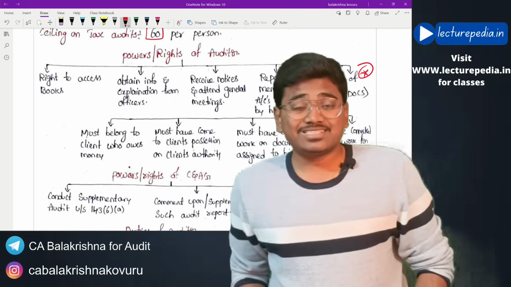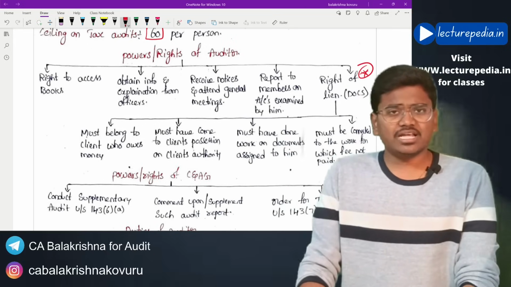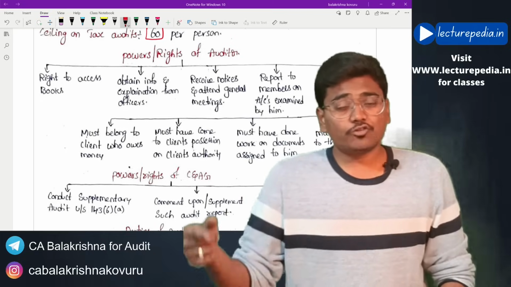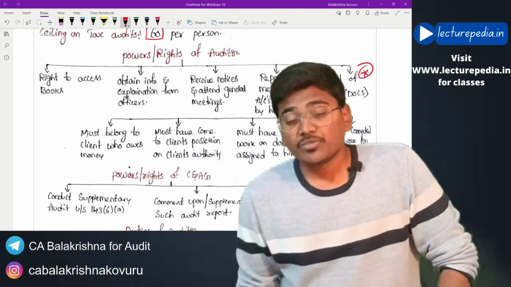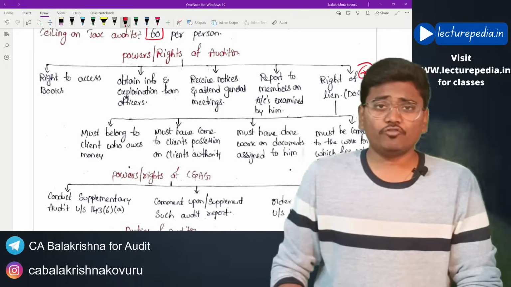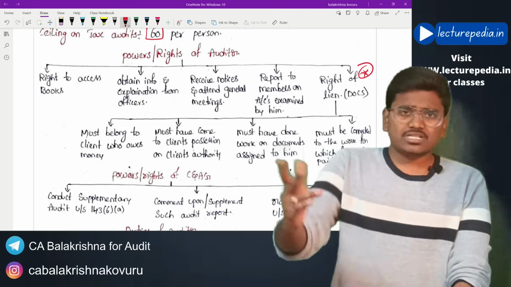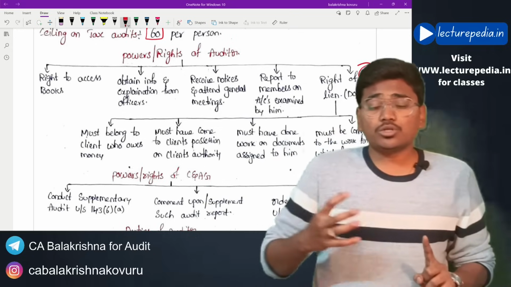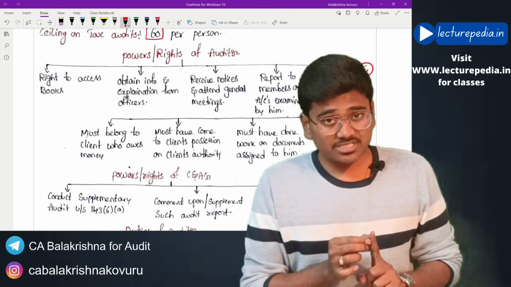The auditor can exercise lien on the documents of the client. When will he exercise this lien? Whenever there is any amount of fee due from the client, the auditor will exercise this lien on the books of accounts. Now, in order to exercise this right of lien, there are certain conditions that have to be satisfied. First of all, these books have to come to the possession of the auditor in a legal manner. This is the first condition.